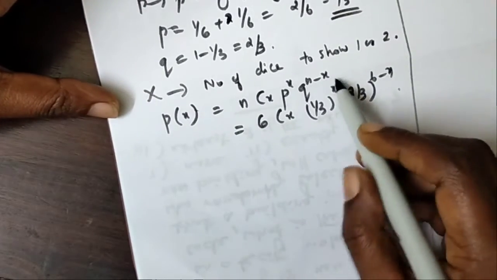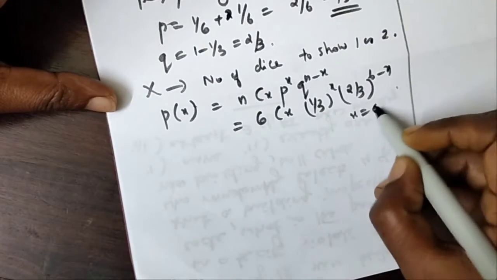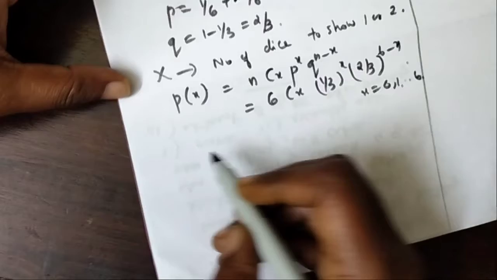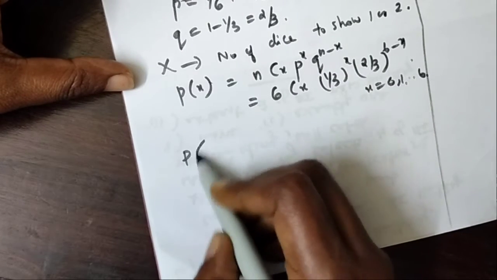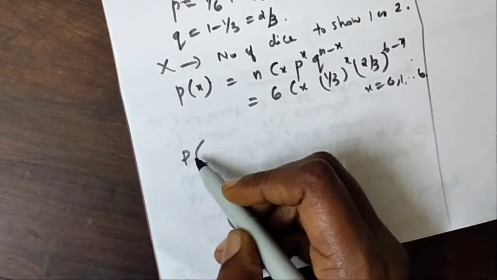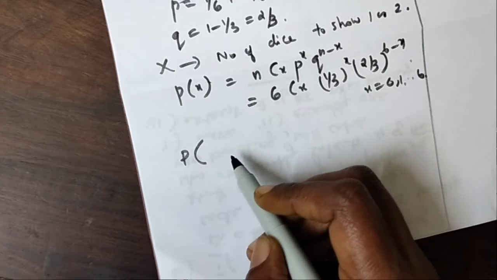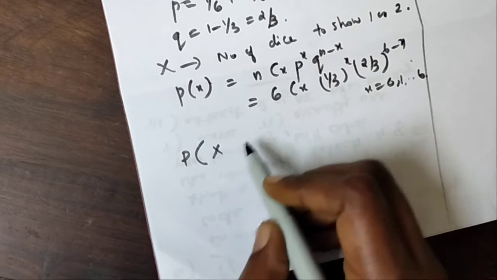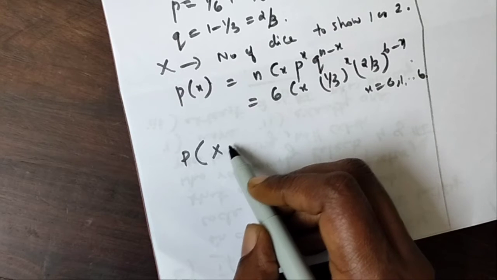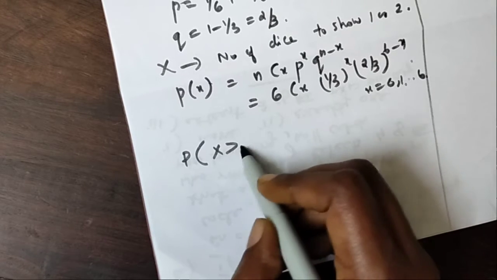Okay, x varies from 0, 1, etc. up to 6. So the question is, how many times do you expect at least 3 dice? So x is at least 3 means x greater than or equal to 3.